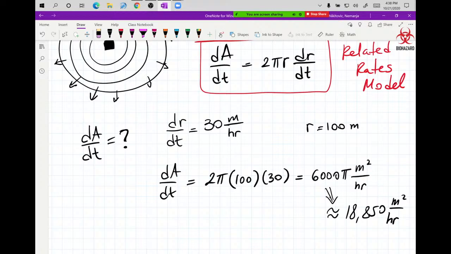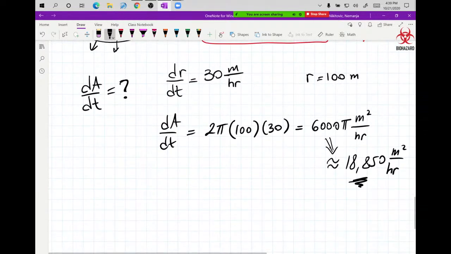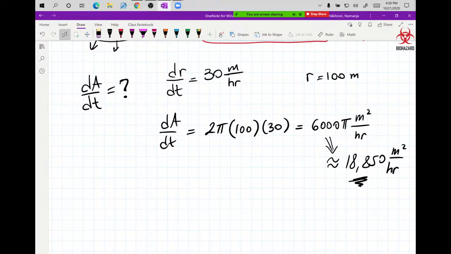So you are calling the cleanup crew and you are screaming, get here as soon as possible because the affected area is growing by almost 20k meters squared per hour, right? Wow. Now, what I want to do is just say, what if the radius is smaller? What if r equals 10 meters rather than 100?